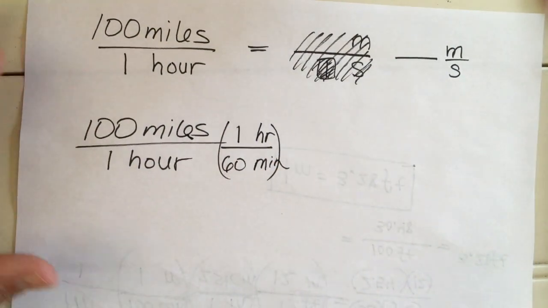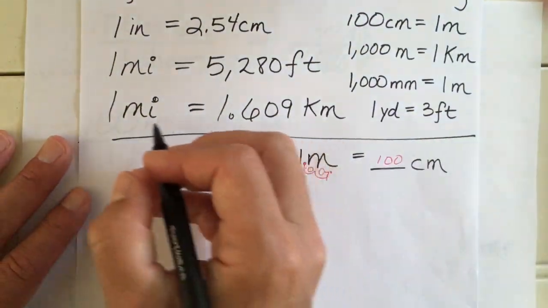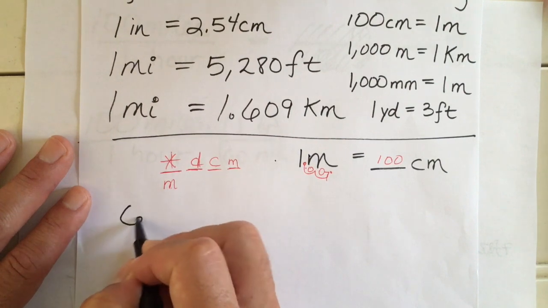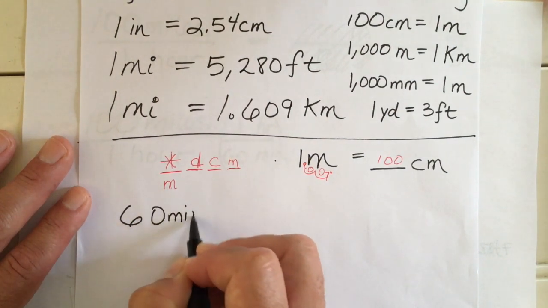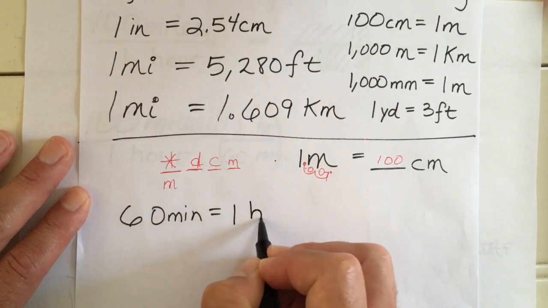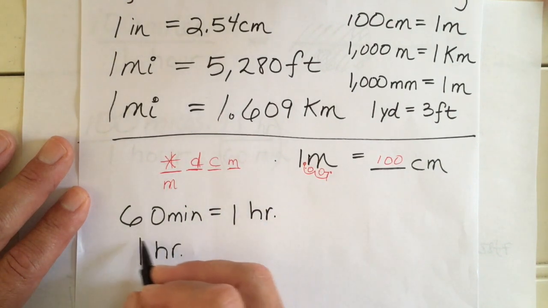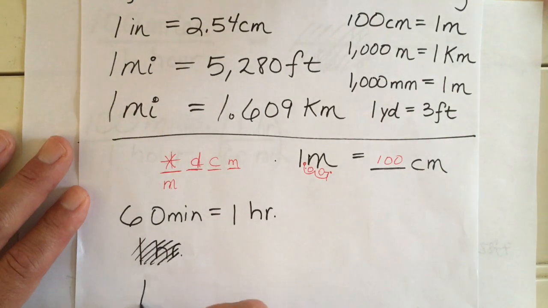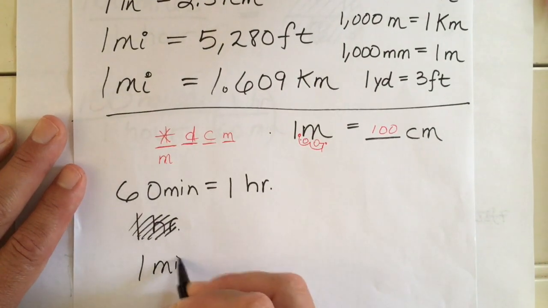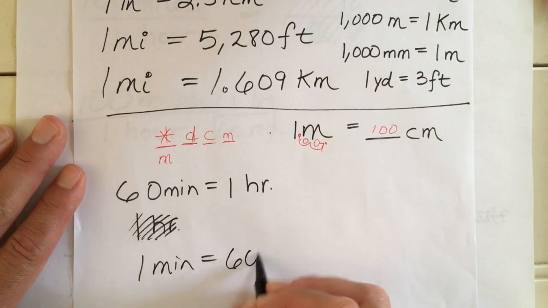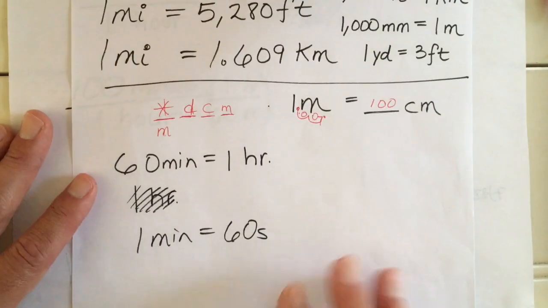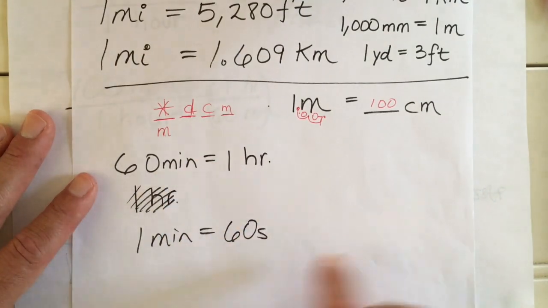So there's another conversion that could go on the sheet, right? And I would expect most students would know these two, that 60 minutes is equal to 1 hour, and that 1 minute is equal to 60 seconds, right? Okay, so I'm going to go from hours to minutes, minutes to seconds.